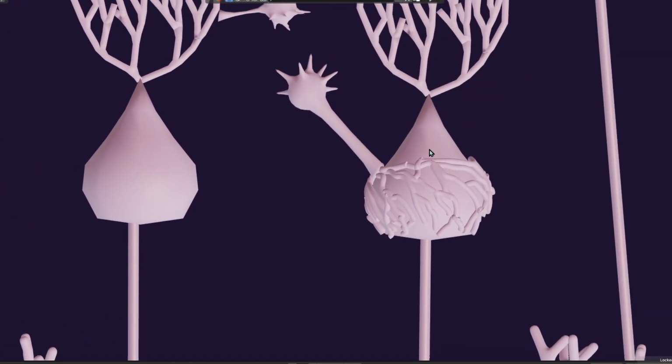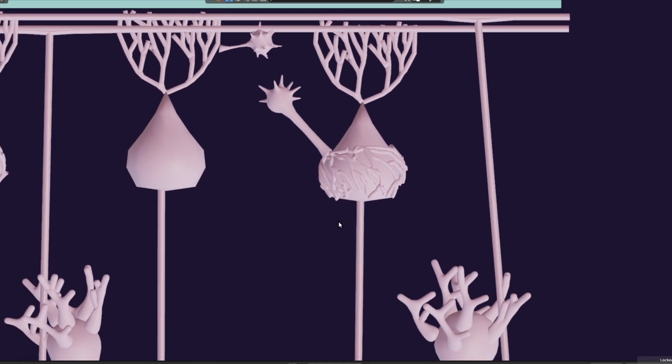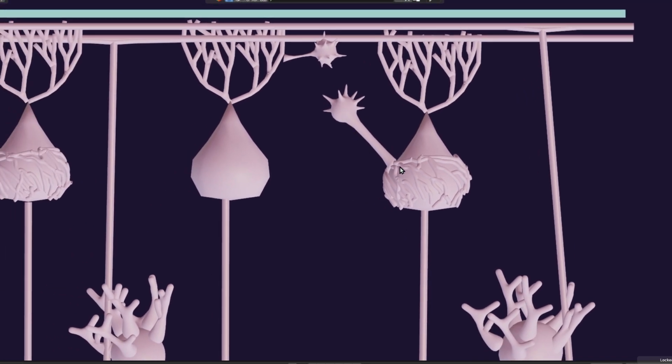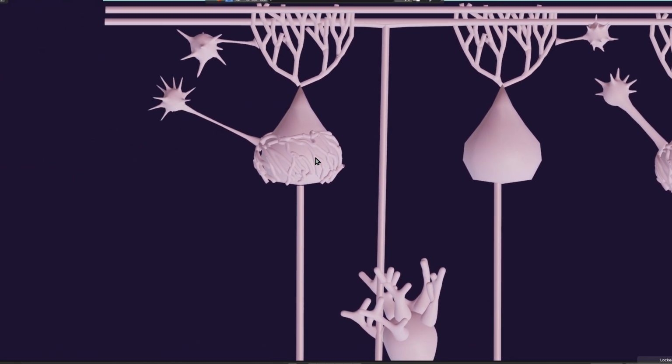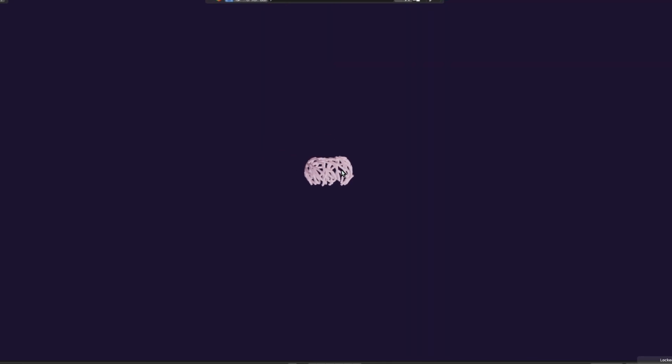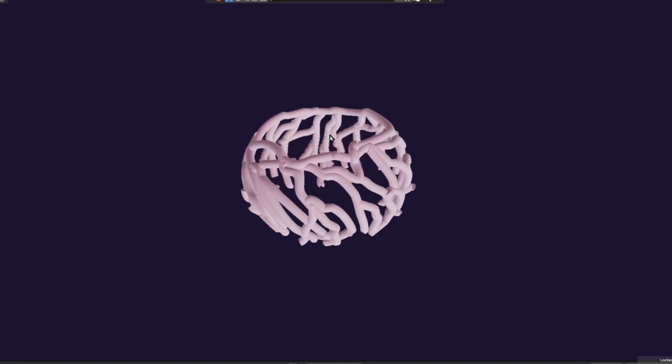Soma is the cell body. This is the cell body of Purkinje cells. So these basket cells' axonal processes will form a basket-like arrangement around the cell body of the Purkinje cell. If you just focus on this basket, you can see that this type of basket is formed.